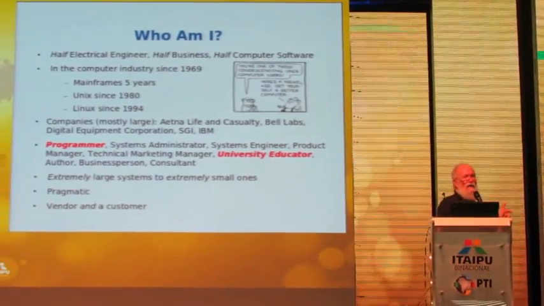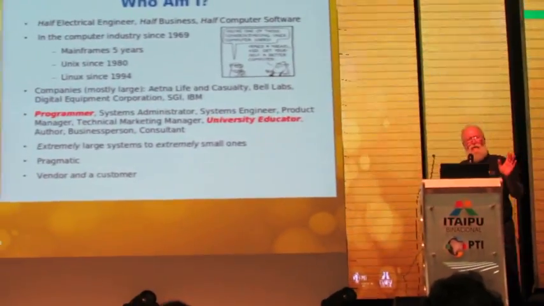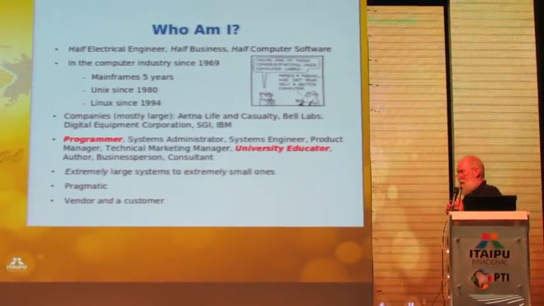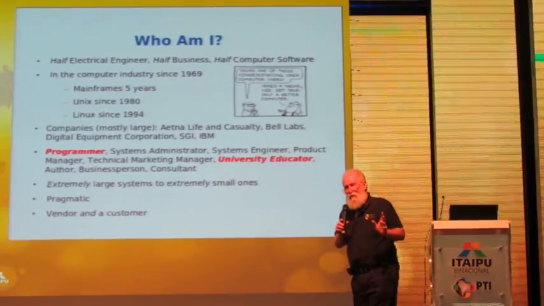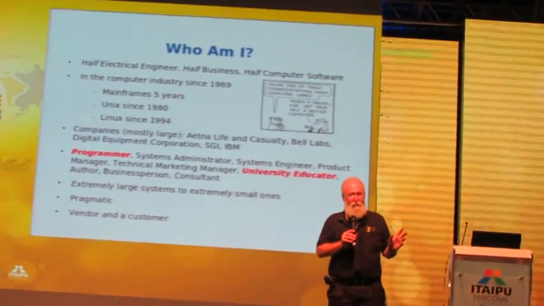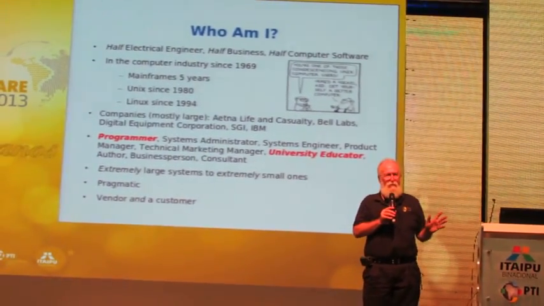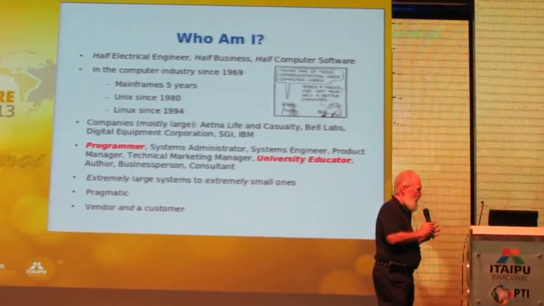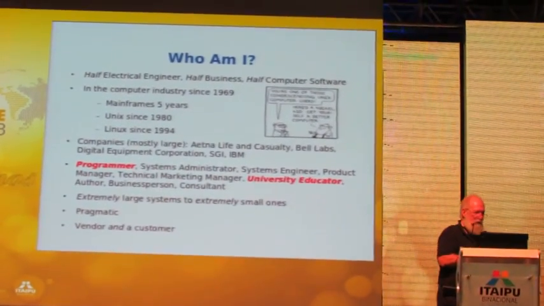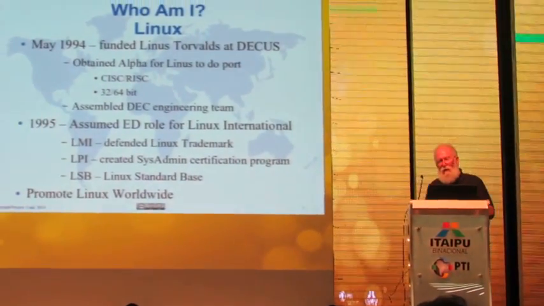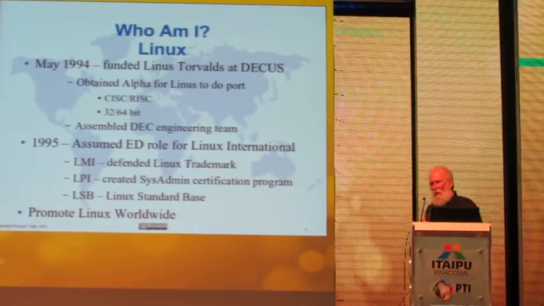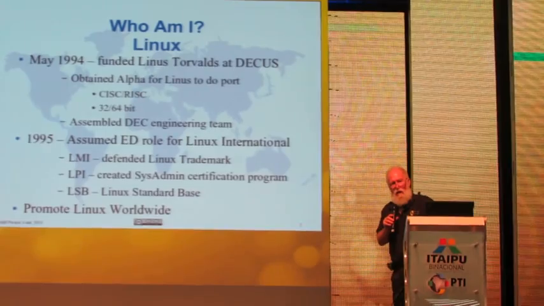But I have been many things in my career, and one of those things is a programmer. And I've also been a university educator. And because of those two things, I've always had this love of computer architecture. Now, in May of 1994, I met Linus Torvalds for the first time.